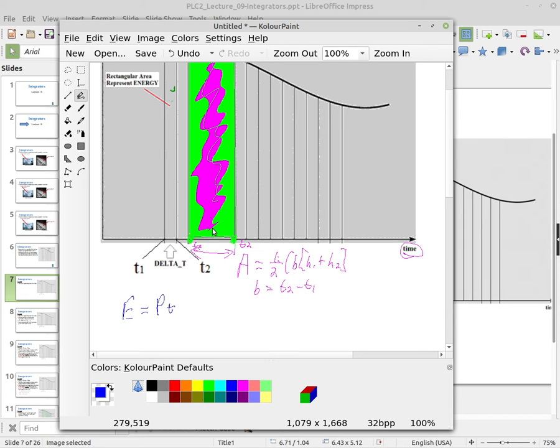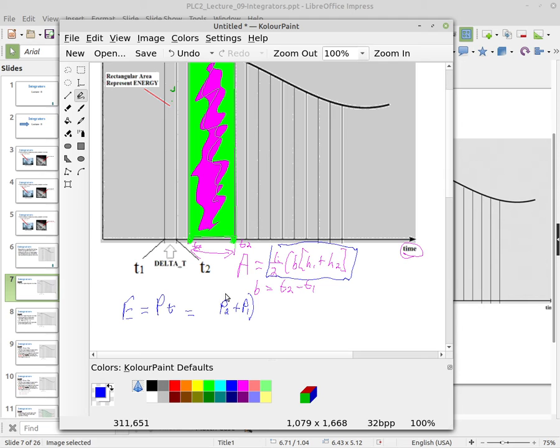And so we need to calculate that energy, which is this trapezoid. So this trapezoid here, we have our time. And we have the power 2 plus the power 1.